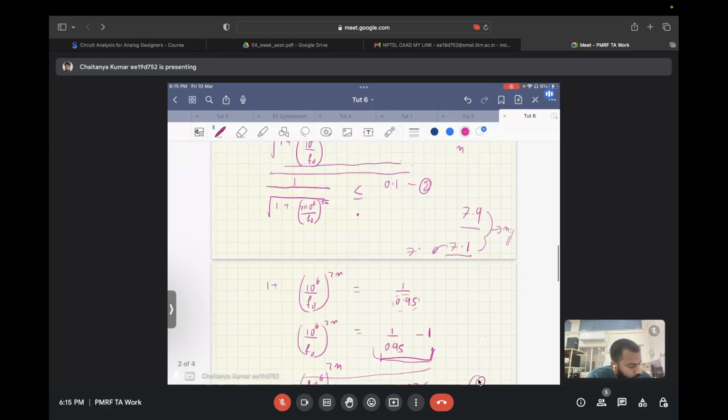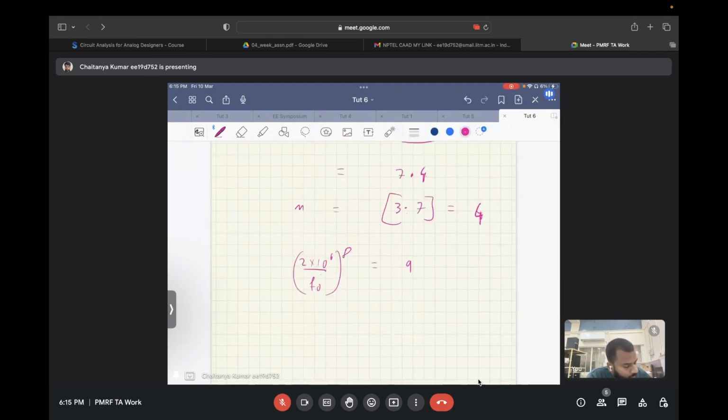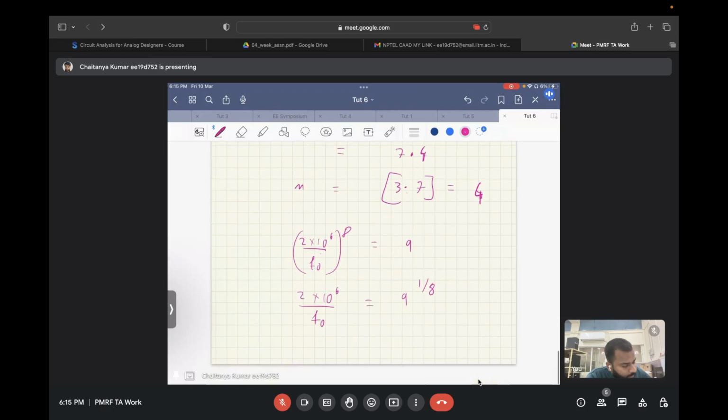So let's consider this equation only. 2 into 10 to the power 6 divided by f naught to the power 8 is equal to 9. So what you get from here is 2 into 10 to the power 6 by f naught is equal to 9 to the power 1 by 8.